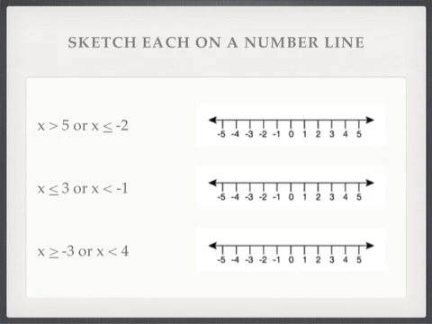Okay, so these ones are or, which means you get to come to the party if you're in either one of those groups. And these ones are easy because basically you just plop them both on the number line. So x is greater than 5. What's that going to look like on the number line? Okay, open circle on 5. Shade to the right, right?